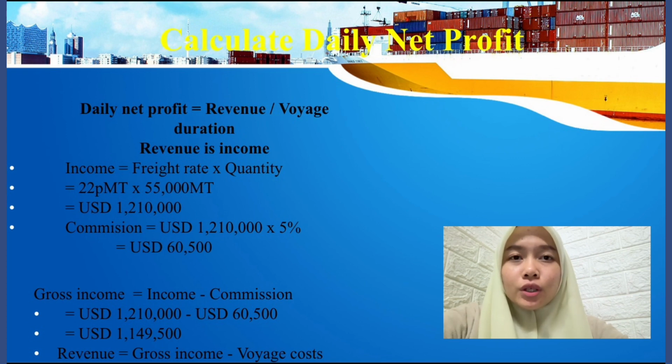For the revenue equal gross income minus voyage cost, the answer is 231,850. For the daily net profit equal 231,850 divide 18.69 days. So the total is 12,405.3.